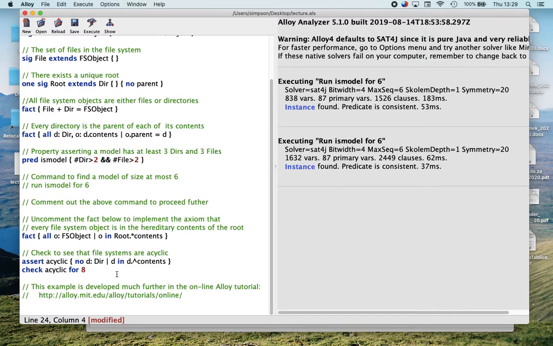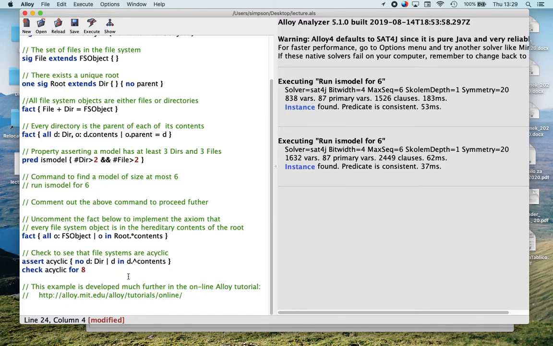And the acyclicity property is that there are no directories that are in their own hereditary contents. The hereditary contents here is again some modification of the contents relation, and it's again reachability under the contents relation, only this time by a path of length at least 1.